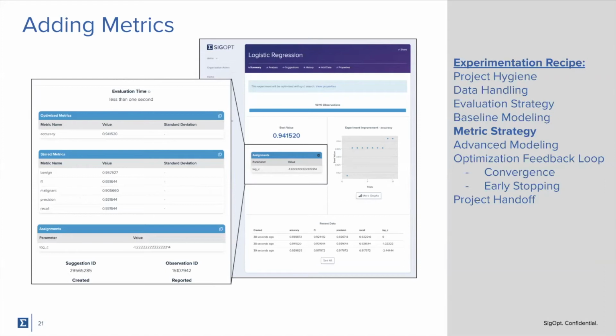Now we would get a lot more information, some information that actually tells something about the business problem we're trying to solve. Because now you can see that for the benign samples, we're actually doing pretty well, 96% of them we're getting correct. Whereas for the malignant samples, we're only getting around 90%, which means that 1 out of 10 we're not getting correct.